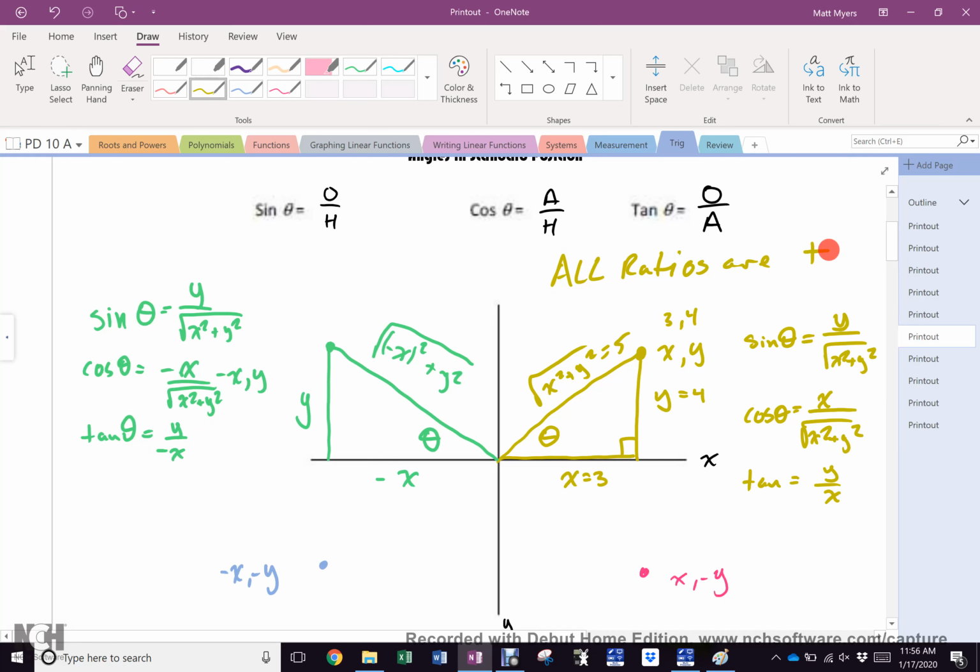Positive. What's positive here? Sine is positive. You're smart young people. You figure out blue theta. What are its sine, cosine, and tangent going to be?